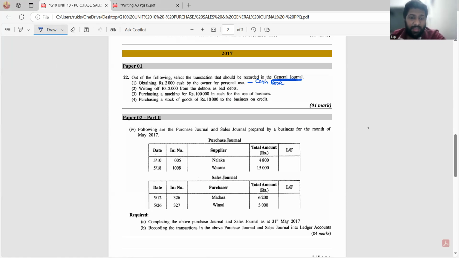Writing off 2000 from debtors as bad debt, let's keep it. Purchasing of a machine 1000 for cash. Again, cash is involved. Purchasing of a stock 10,000 on credit basis. Stock purchase on credit will go to the purchase journal.